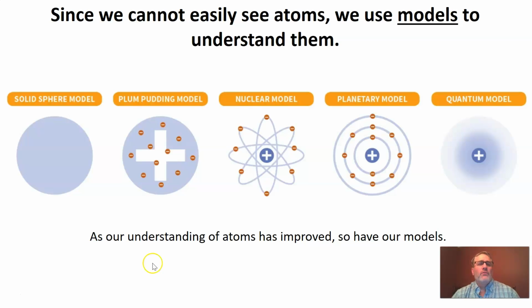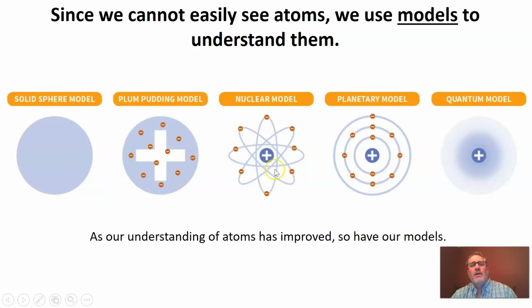And you have probably seen some of these models before, but these models also represent how humans' ideas have changed over time. So, if we look, you sometimes still see atoms represented as a solid sphere, like a BB. That is one of the oldest models for an atom.